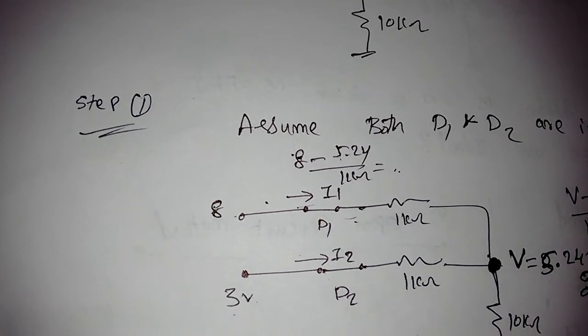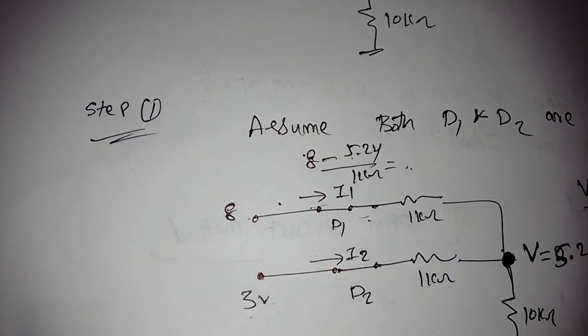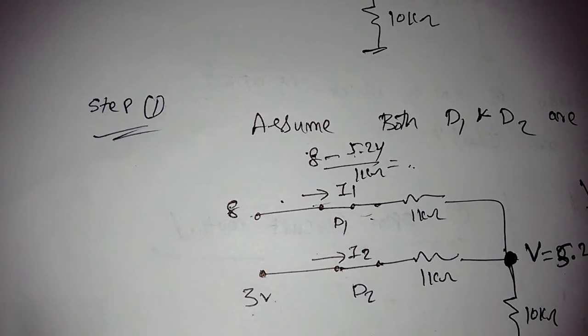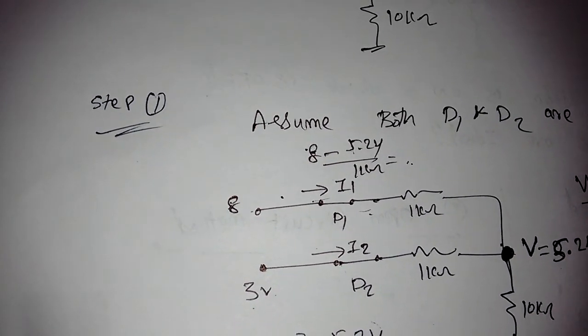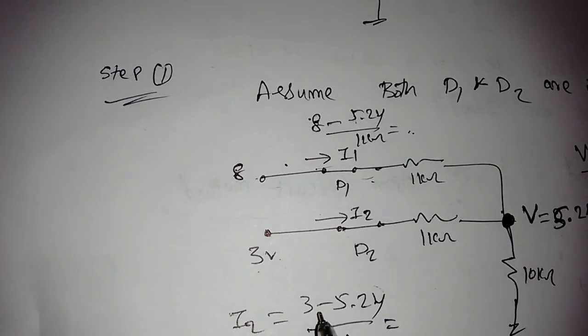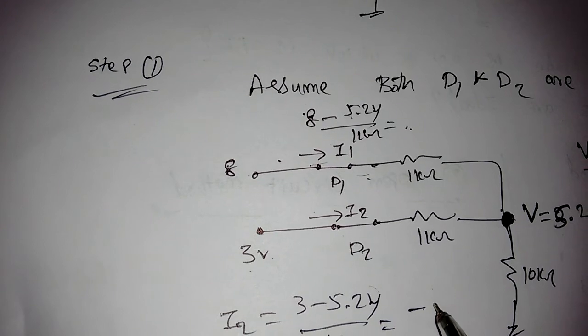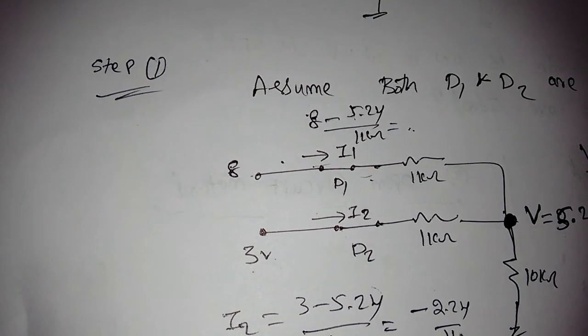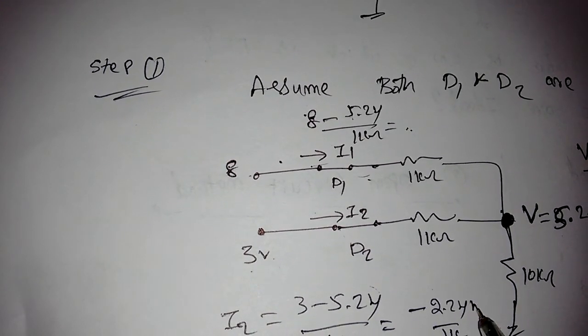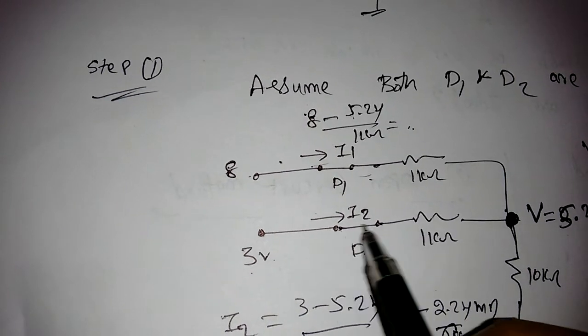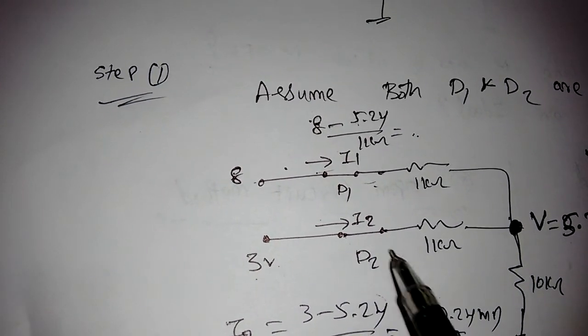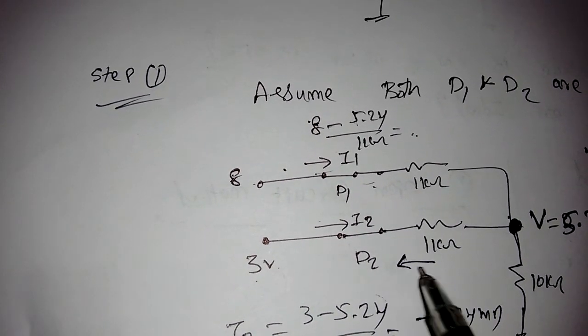So I2 is (3 minus 5.24) by 1 kilo. 5.24 is higher than the 3 volts, so you will get a negative value: minus 2.24 by 1 kilo, that is minus 2.24 milliamperes. We assumed this direction, but the current is flowing in the opposite direction.